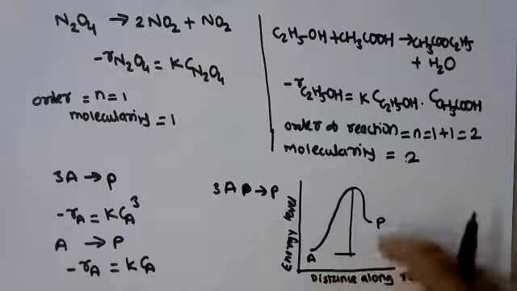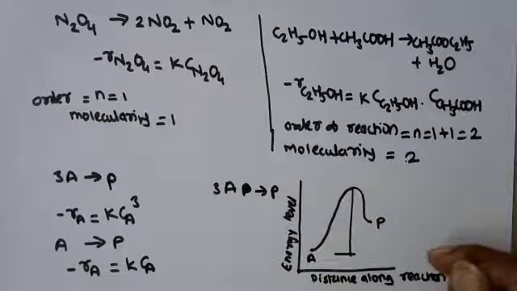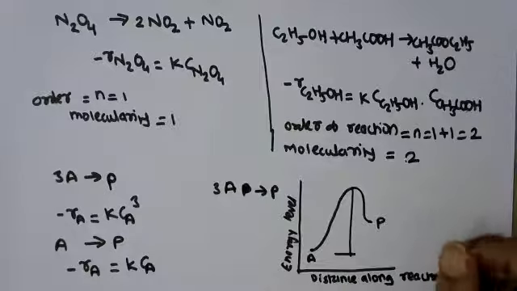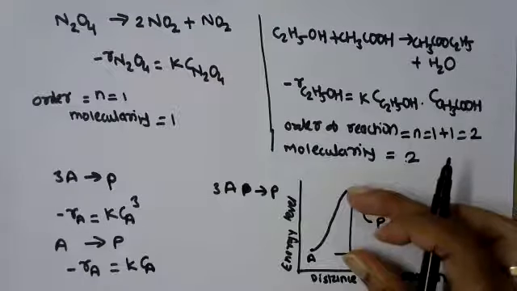This particular energy represents the activation energy, the minimum amount of energy which is to be supplied in order to initiate the reaction. The amount of energy required for making or breaking of the bond is known as activation energy. Unless this much energy is supplied, the reaction will not proceed.